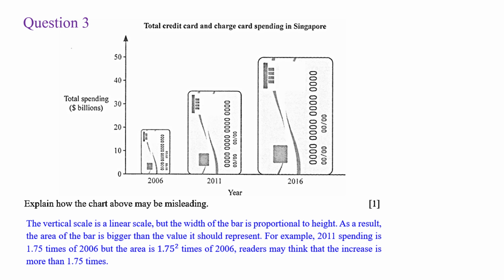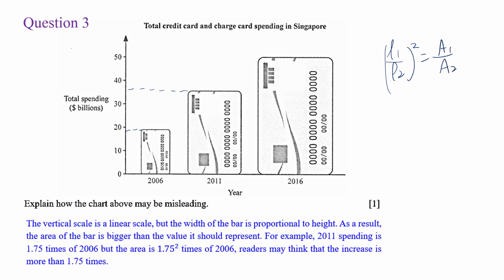For example, in 2011 spending, if you were to compare the height on the vertical axis with the height in 2006, it's roughly 1.75 times. But if you're going to compare the area, if you were to recall, L1 over L2 squared gives you A1 over A2.